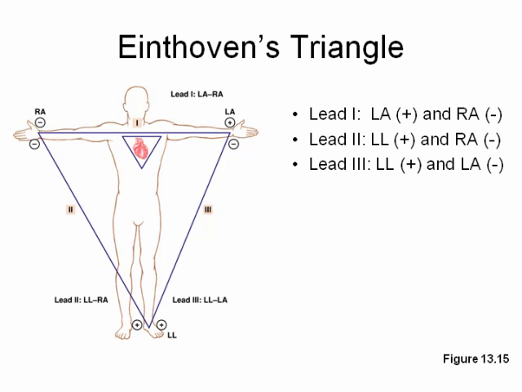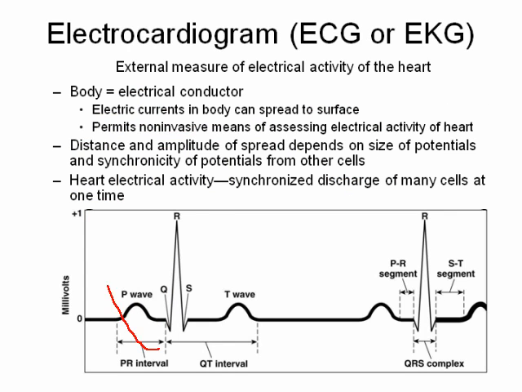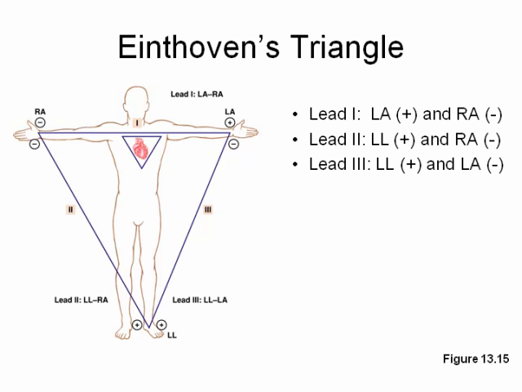Now, there are actually a total of 12 leads or electrode placements that can be used in the EKG. We're only going to talk about the first 3 leads, and I'm not going to ask you to know these leads specifically. What you're going to need to know is what kind of measurements can be made with them, that is the EKG.